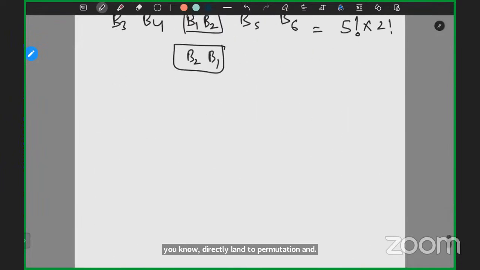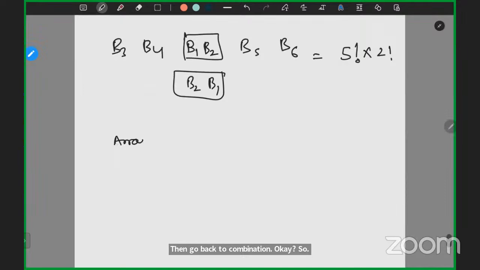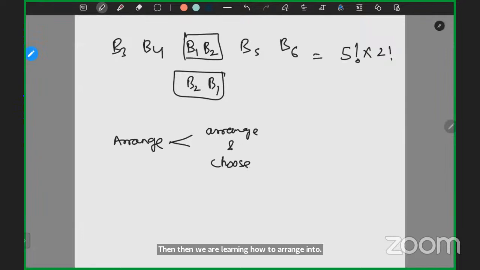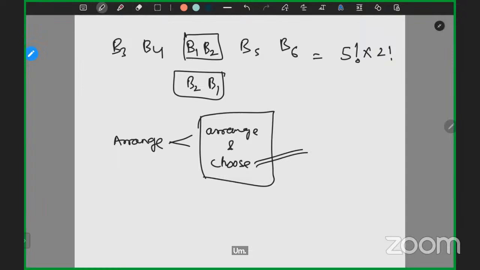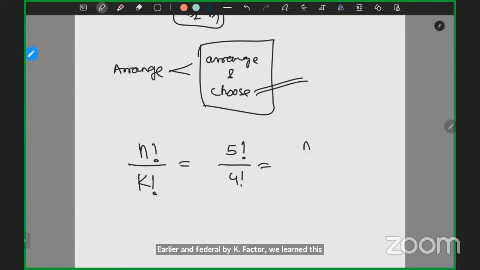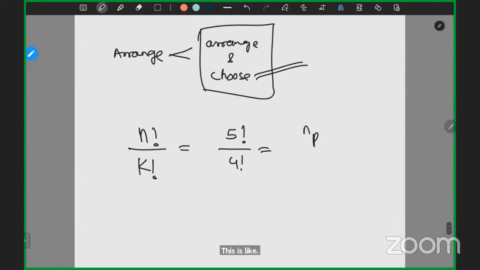In that way, we are arranging the things, then learning how to arrange and choose. Since this is a bigger set, how to do a smaller portion of that? Since we did earlier n factorial by k factorial, we learned this part, how to do 5 factorial by 4 factorial. This is like nP1.